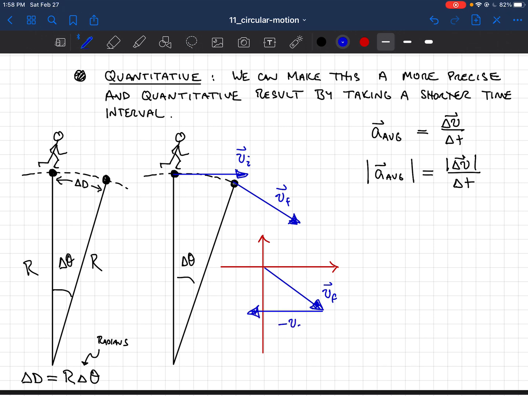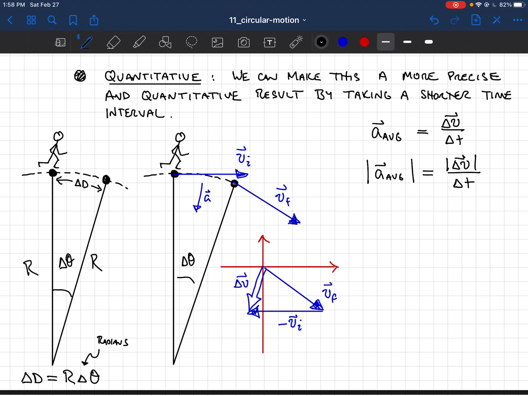So this is minus v initial. And our delta v then is this resultant vector here. And again, you see that that points inward on the path. It means that their acceleration vector will be looking something like this.